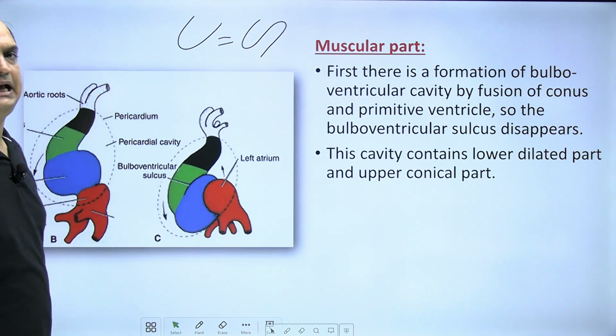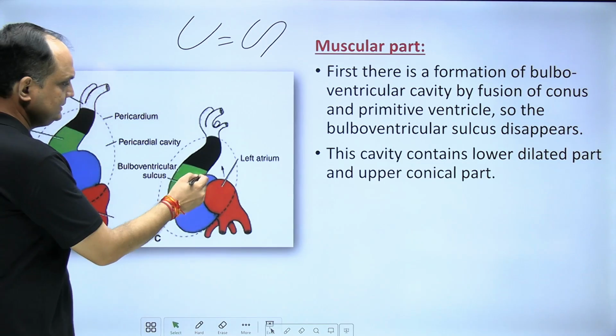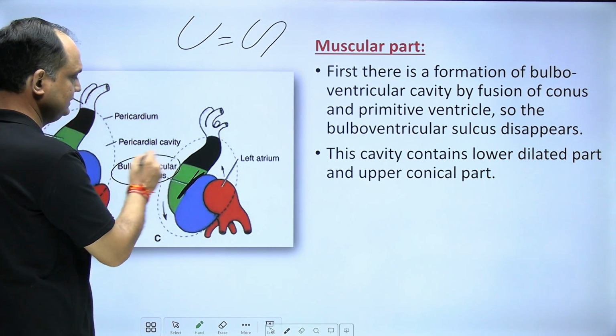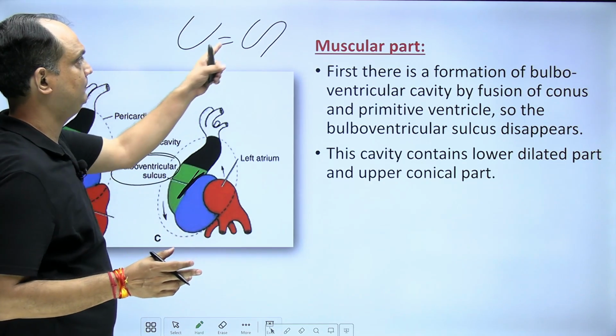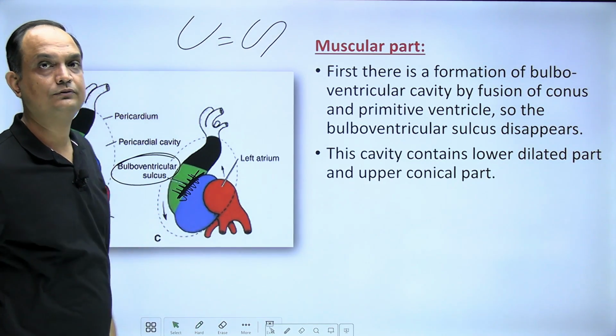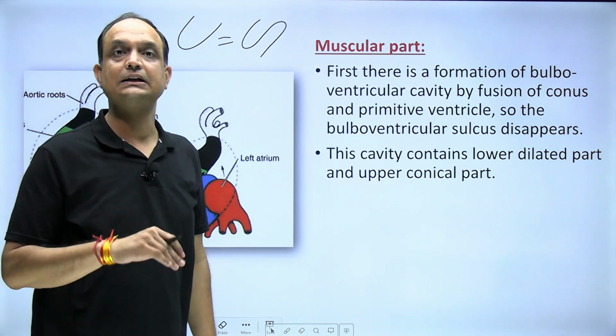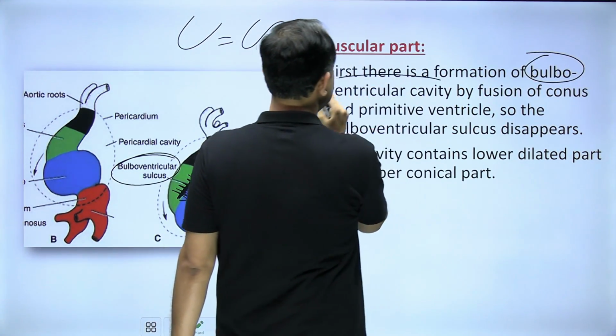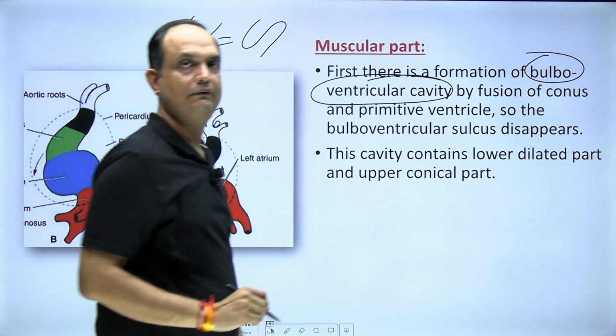Here, when the S-shape folding occurs, this is the groove, known as the bulboventricular sulcus. Once the folding takes place in an S shape, later on this bulboventricular sulcus disappears from the surface, and inside the heart tube there is a formation of a common cavity known as the bulboventricular cavity.